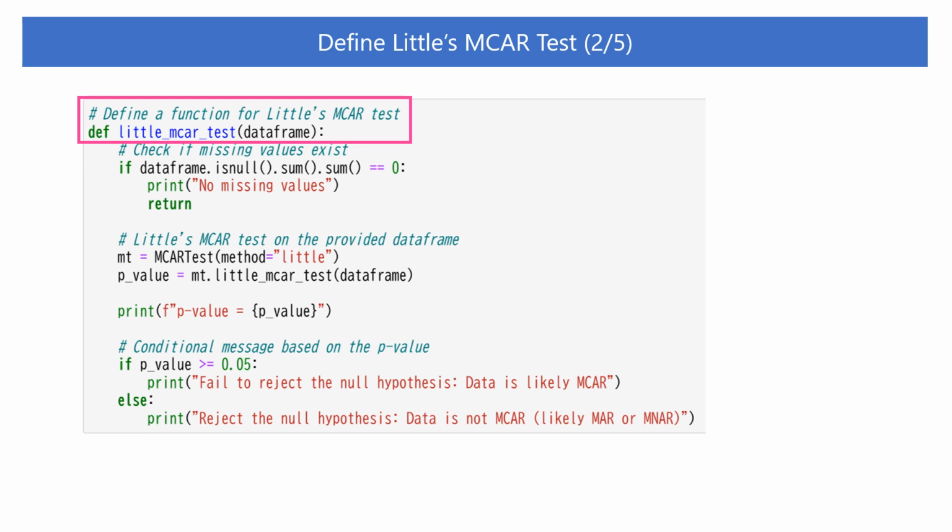First, in the first line, let's define a function called little_mcar_test. Set data frame as an argument. It enables us to create a function that implements and outputs the results of MCAR tests by inputting a Pandas data frame.